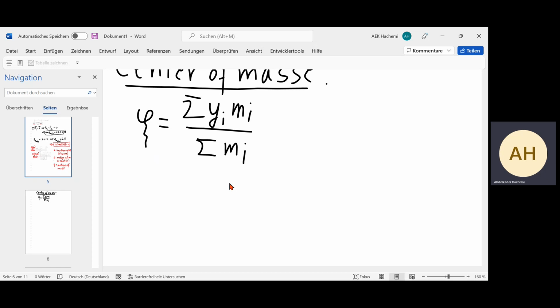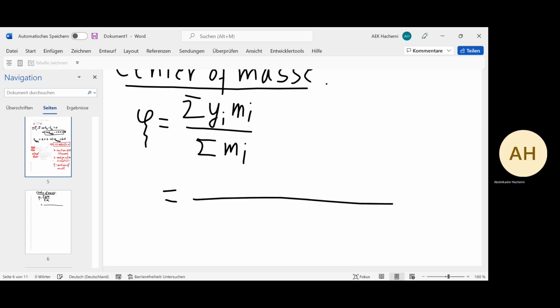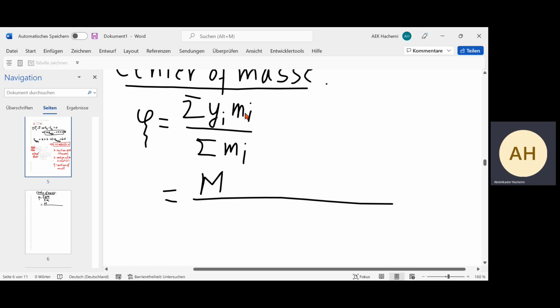Now, if I write what we have, the mass M in our case, which is m1, for example.